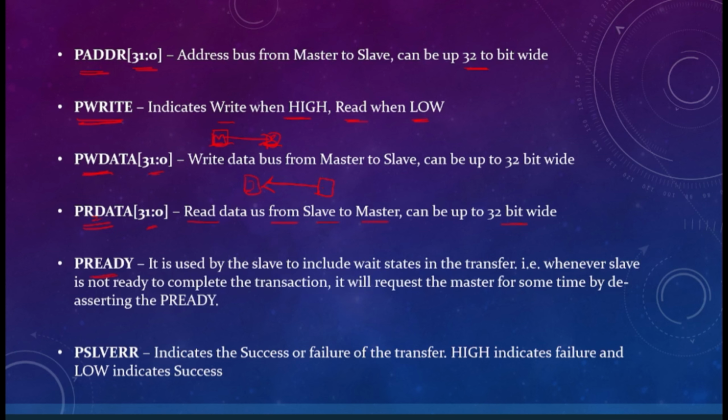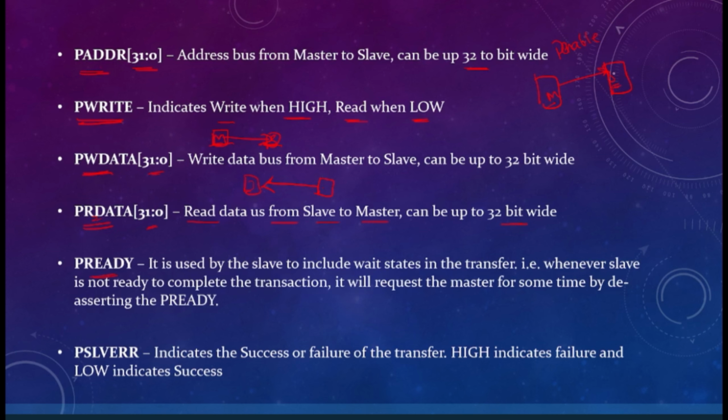Basically, the master will be sending information to the slave. As soon as you give the P enable, you send the request from master to slave that you are sending some data. So the master is sending some data to the slave, and now the slave is accepting that particular data.